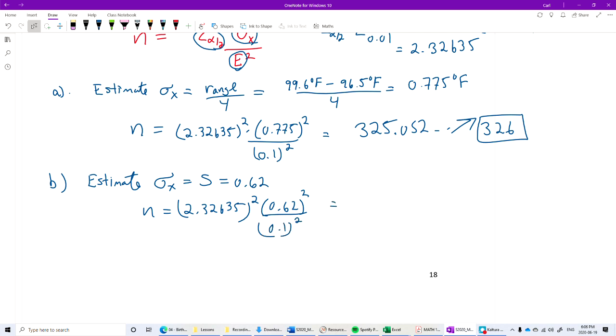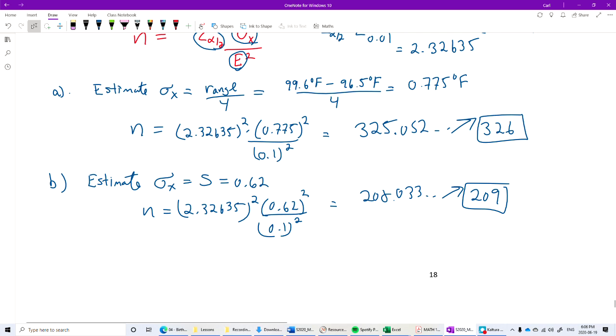It's going to be smaller: 208 point something, so rounded up 209. So that estimate allows us to derive a smaller sample size.